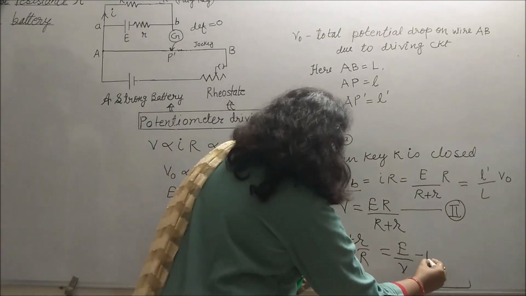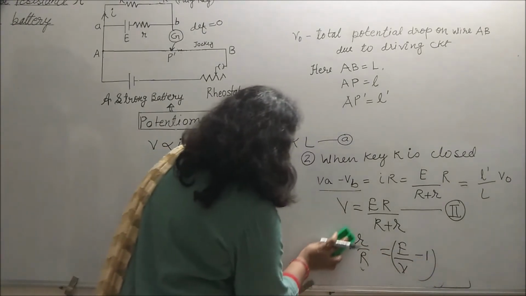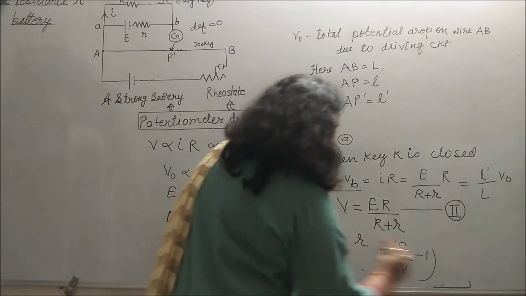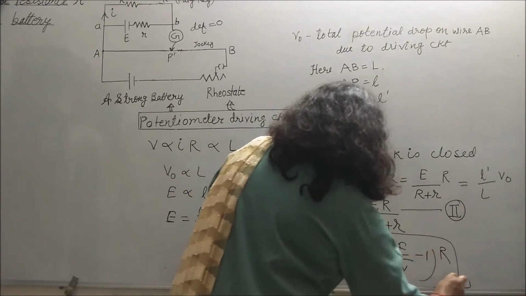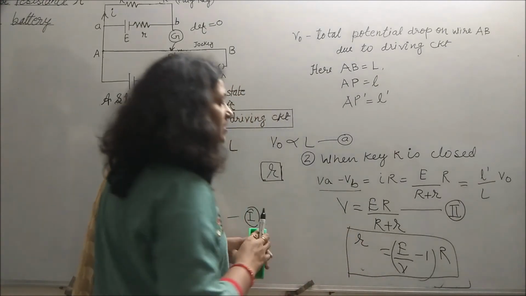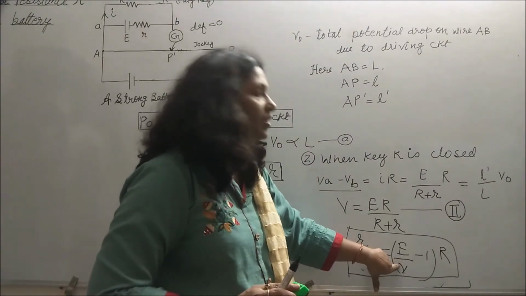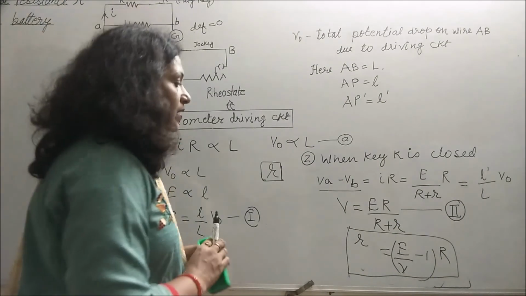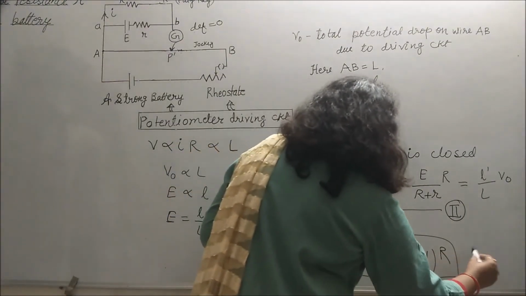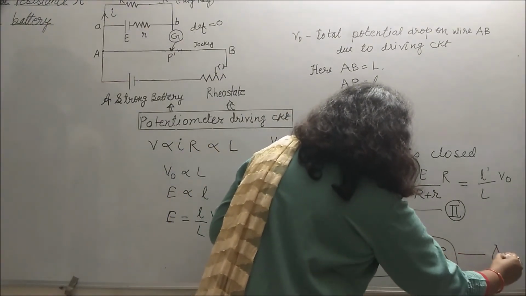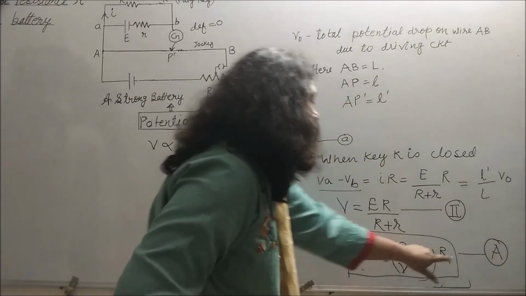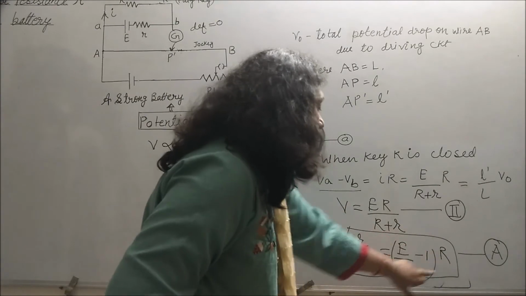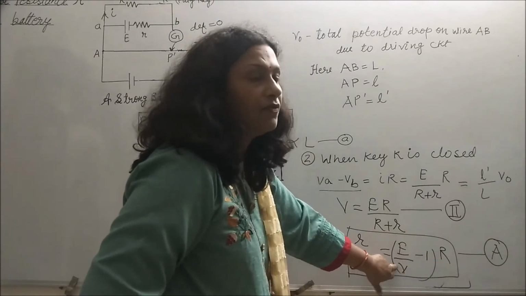So this is E by V minus 1 multiplied by R. So this is the relation between internal resistance of the battery and the voltage across AB terminal. So here we got the first relation, if we have been given the voltage drop across R, that is nothing but V.